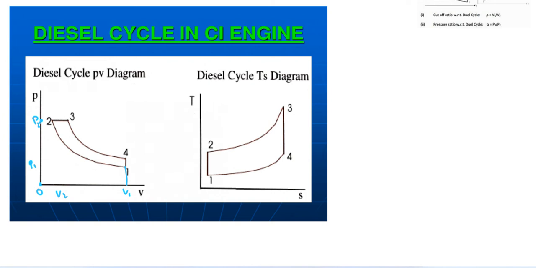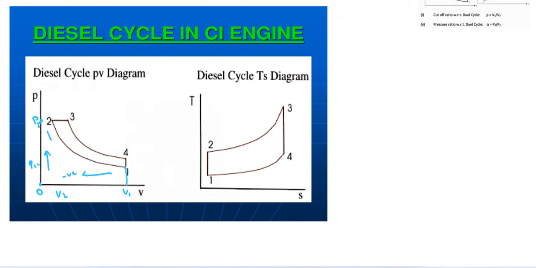When you see the PV diagram, the volume is decreasing and the pressure is increasing, going from P1 to P2.